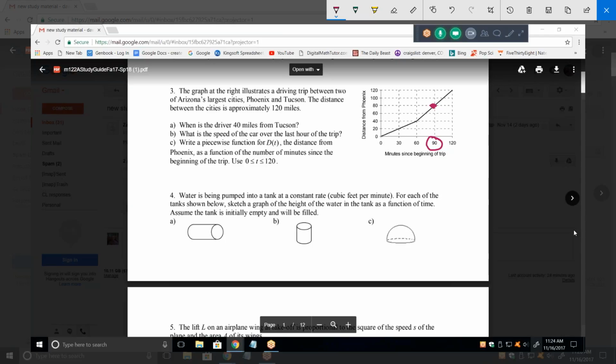In other words, that's why when they're asking you questions like when, they're asking about the horizontal scale. When is the horizontal scale at a certain point on the vertical scale? Okay. What is the speed of the driver over the last hour of the trip?